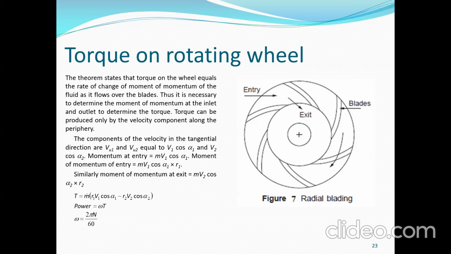So, the torque is equal to m dot times r1 V1 cosine of alpha 1 minus r2 V sub 2 cosine of alpha 2. So, ang entry mo dito, yan. Sige doon. Sa turbine to.